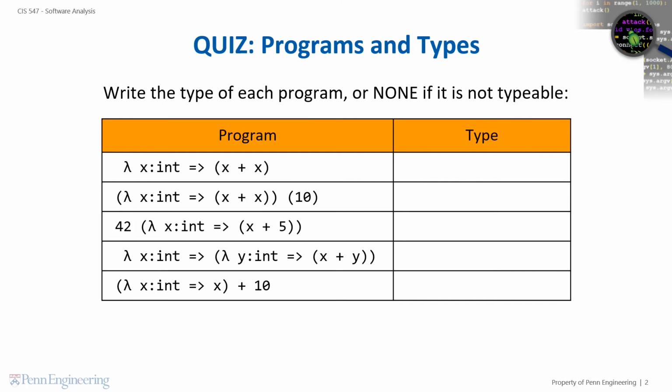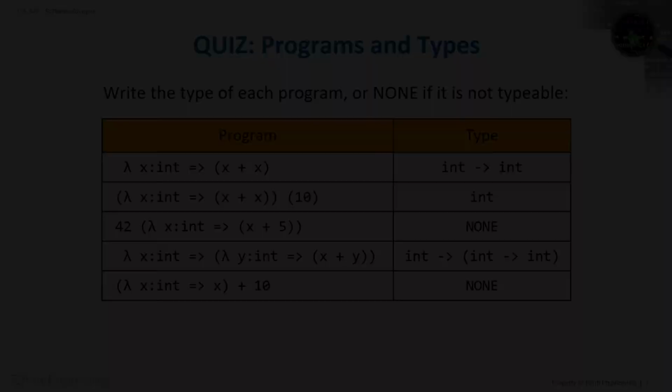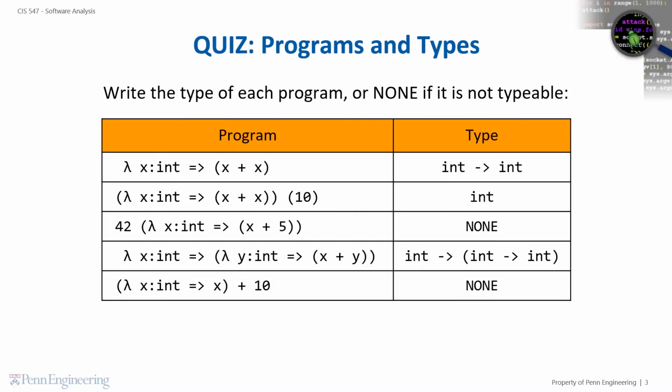The next program is a bit trickier. It takes an integer x and returns a function that takes a number and adds it to x. So the type for the whole expression is the compound type int arrow (int arrow int), where we put parentheses around the latter two ints to disambiguate the type.